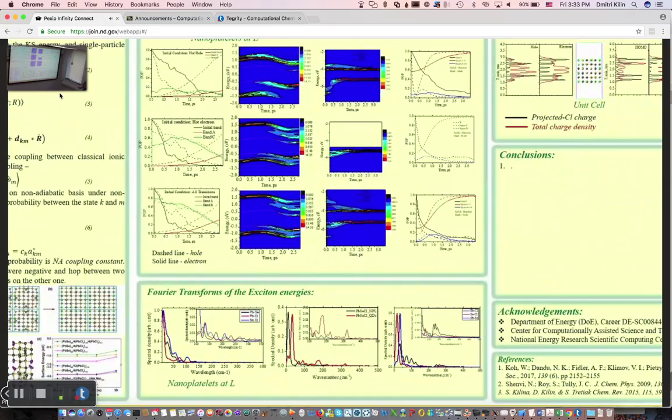The black line is the frequency of the band gap fluctuation of nanoplates, and the red one is for the quantum dots. This shows that the quantum dots have a high energy peak of fluctuation around 250 to 300, and nanoplates have a smaller frequency compared to the quantum dots.